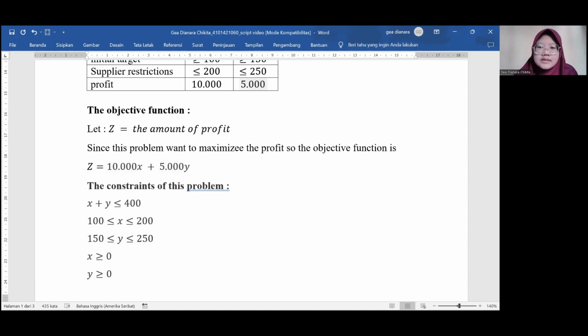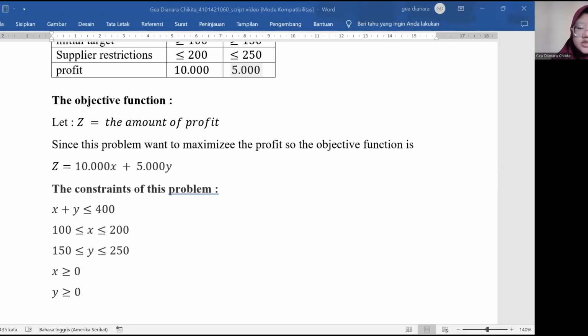I will show the GeoGebra application to sketch the graph of the constraints.